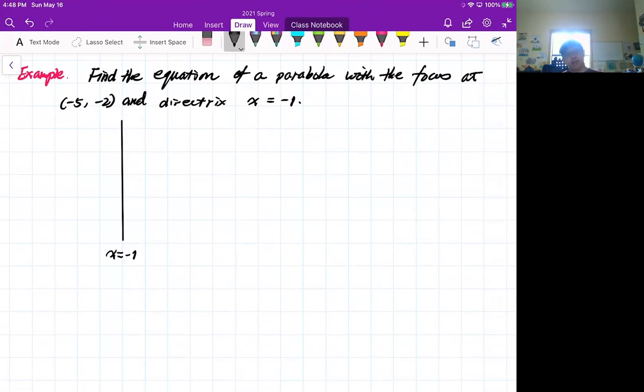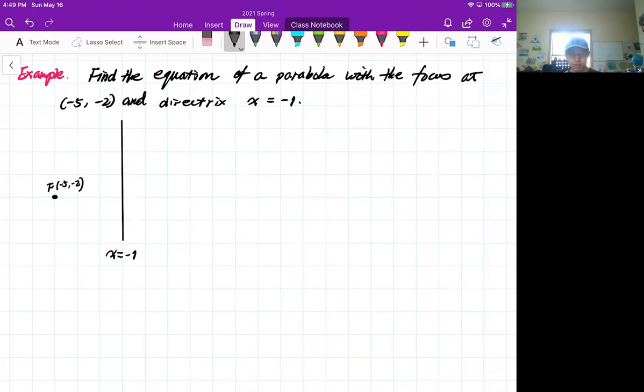The x value is -1. Now, where's the focus? The x value of the focus is -5, so that means way to the left. So let's assume this is the focus. The focus is at (-5, -2).